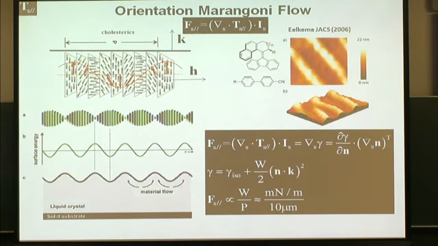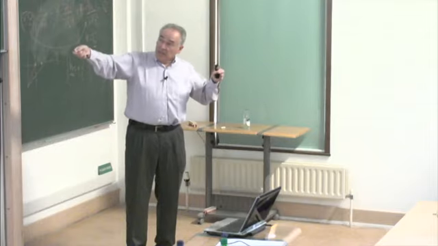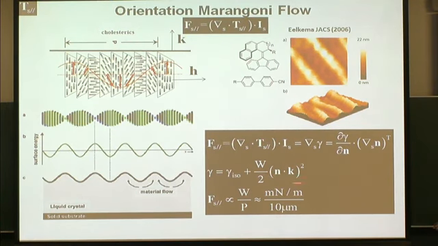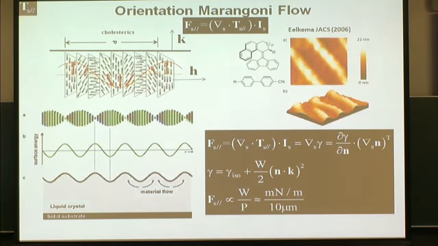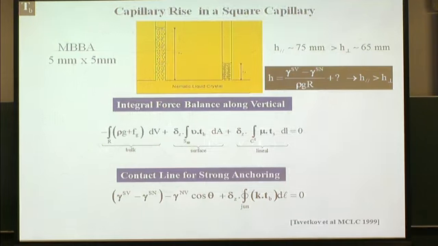So this is an orientation Marangoni force that creates a material flow. And this material flow from low energy to high energy, because n changes, this changes from 0 to 1 periodically in space, you create this kind of structure without any need of surfactant or temperature gradient, just orientation.